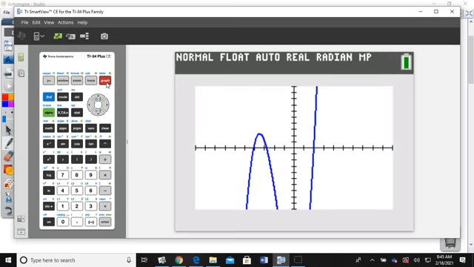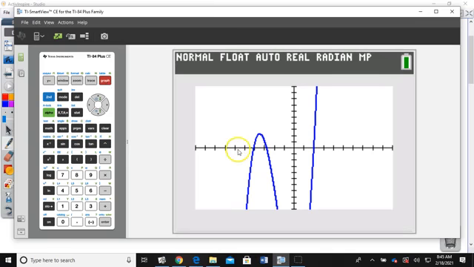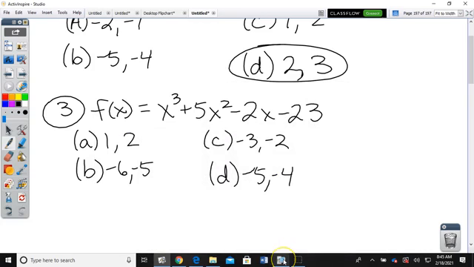It goes between 1 and 2, and negative 3. It is negative 6, negative 5. It does not go between negative 6 and negative 5. So that is my answer. B. Okay? Any questions on how to do that? Pretty simple.